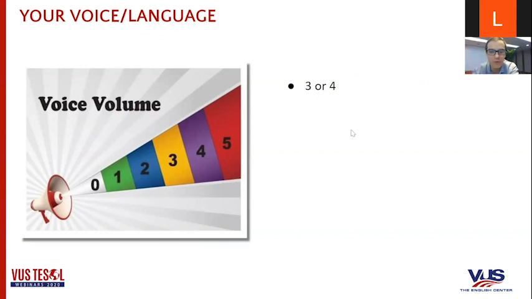My normal volume is probably a 2. When I'm doing an online class, I'm probably 3. If I really want to get students listening to me, I need to be 4. I don't want to be 5 probably, because your microphone might be sensitive and you might blow out the microphone and it just becomes not that good, clean audio. But 3 or 4 is right where you want to be.